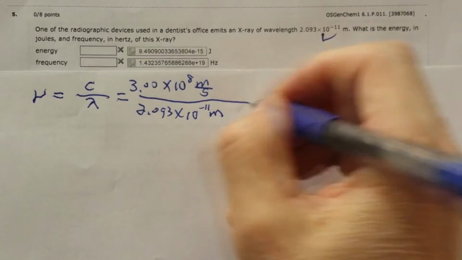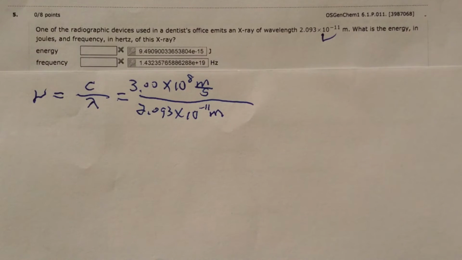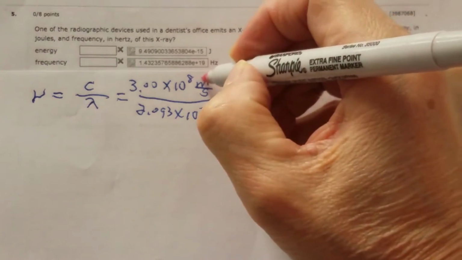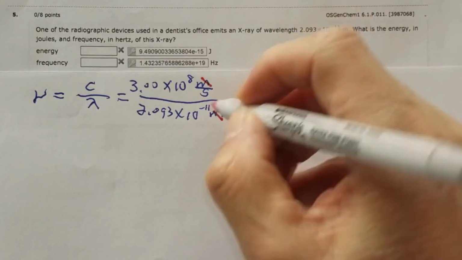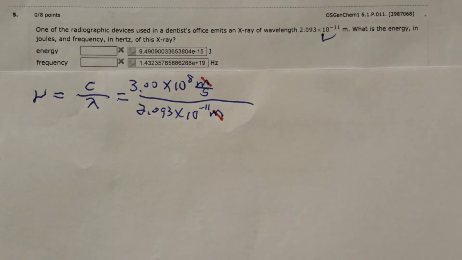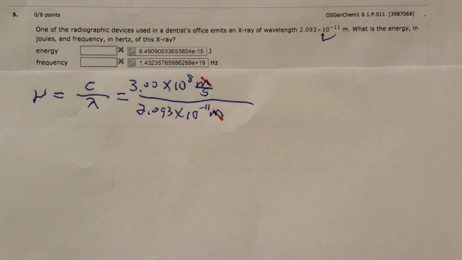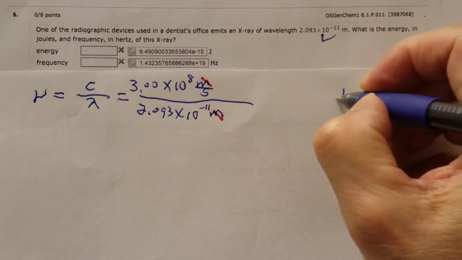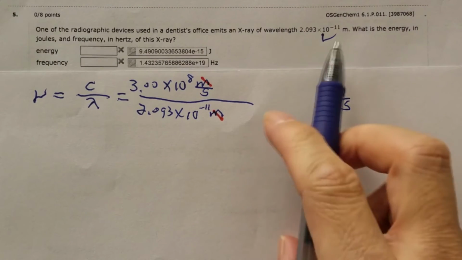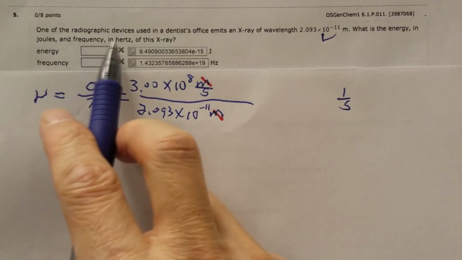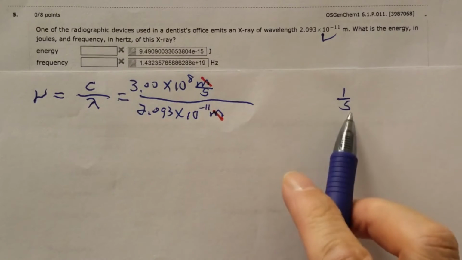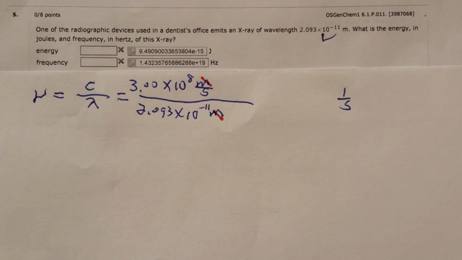So since it's already in meters, the wavelength can cancel the meter in the speed of light, all right? So now we should have 1 over s as the unit for the final answer in this step. So that is also exactly what is asked. The frequency in hertz, so 1 over s is the same as hertz, okay?